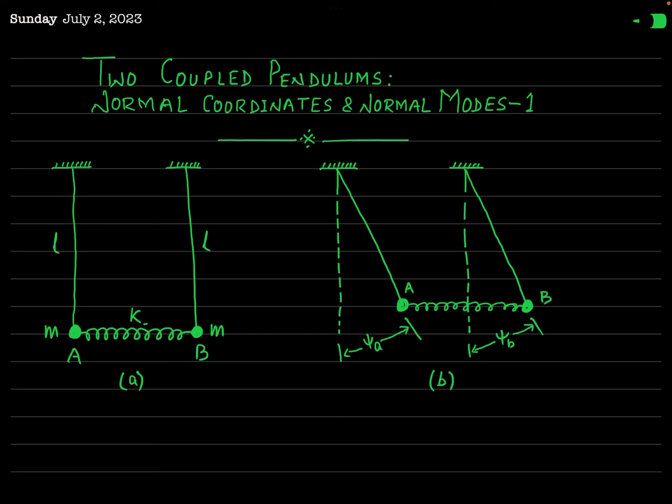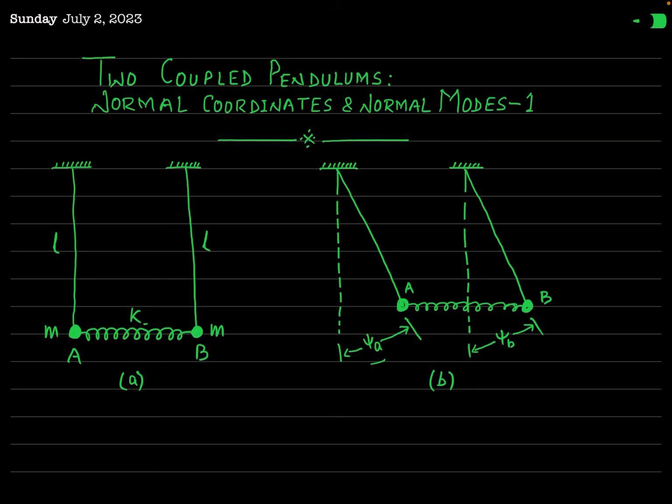But see the second figure, where I have shown that the 2 pendulums are displaced from their equilibrium positions. Bob A has been displaced by psi A from its equilibrium position.